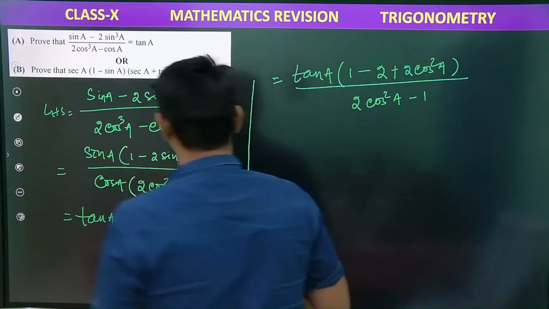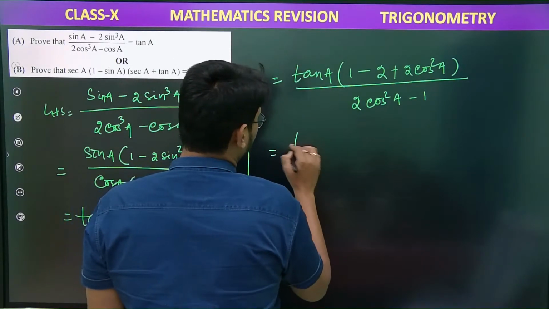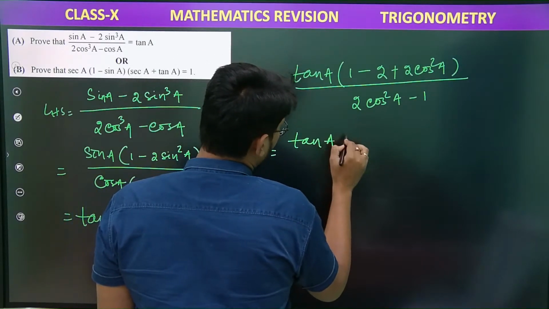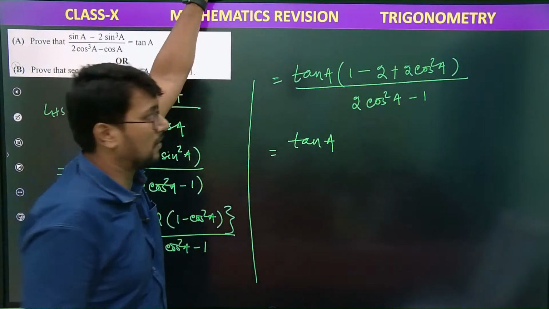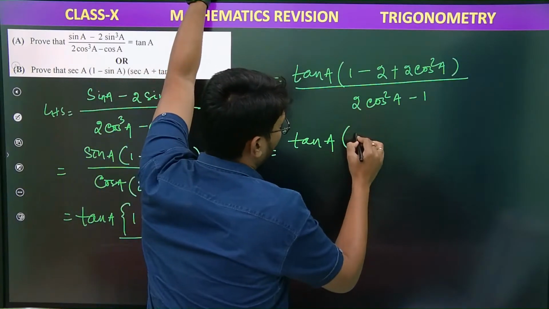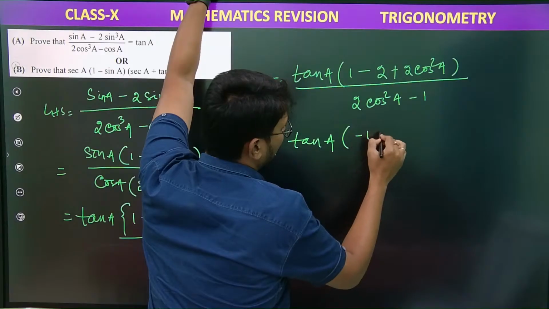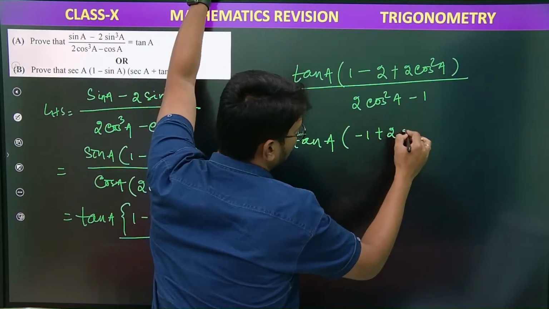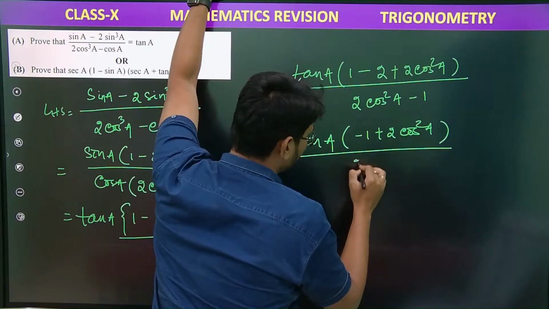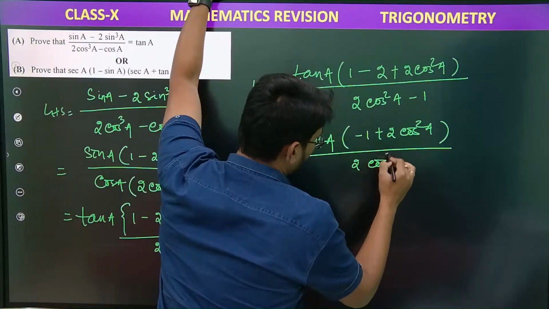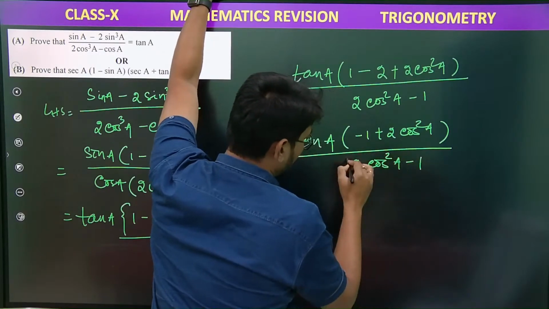So therefore tan A into 1 minus 2 is how much? Minus 1. Minus 1 plus 2 cos square A, whole divided by 2 cos square A minus 1. Done, everyone.